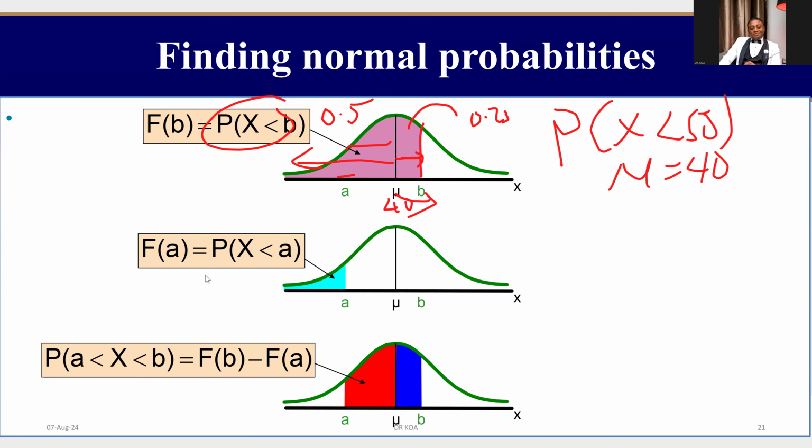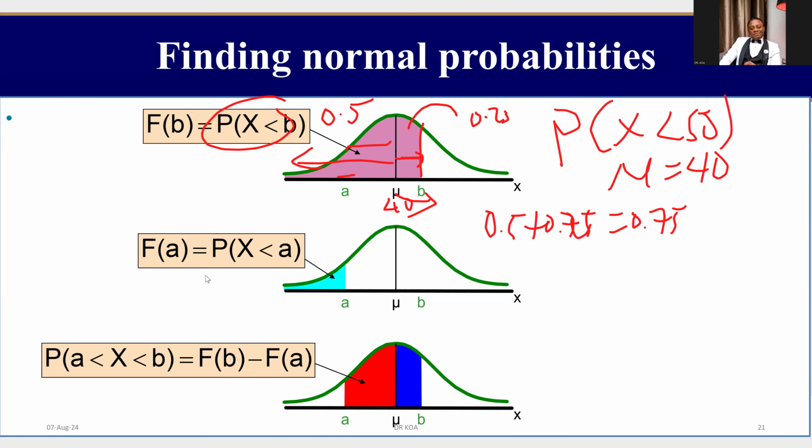Then it means that this shaded area is going to simply be the 0.5 plus the 0.25, giving you 0.75 or 75%. So that shaded area is what we are going to find. And that area is known as the probability, which is between 0 and 1.